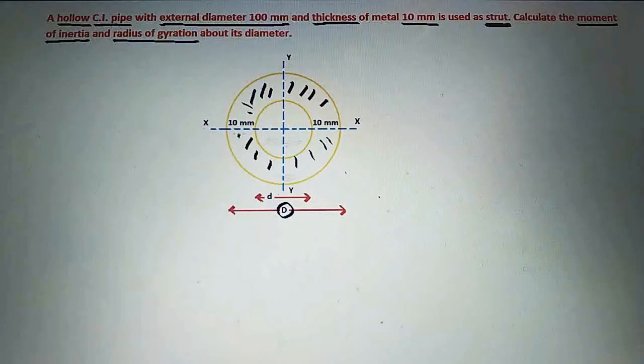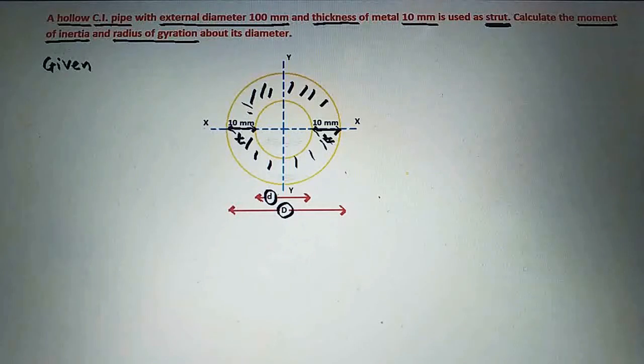So this is the thickness of metal, that is t here. See here, this thickness is 10 mm. So this is also thickness here 10 mm. Then there will be an internal diameter of this hollow cast iron pipe, and this internal diameter is denoted as small d here.